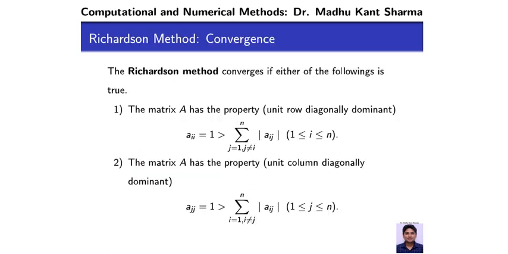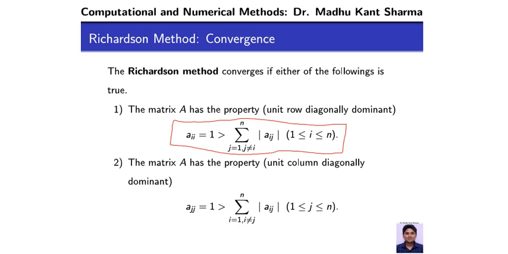Now some of the convergence criteria, sufficient conditions. The Richardson method converges if either of the following is true. The first condition is that the matrix A has the following property: the diagonal elements are equal to 1, and the sum of the other elements in the same row, in magnitude, is strictly less than 1.